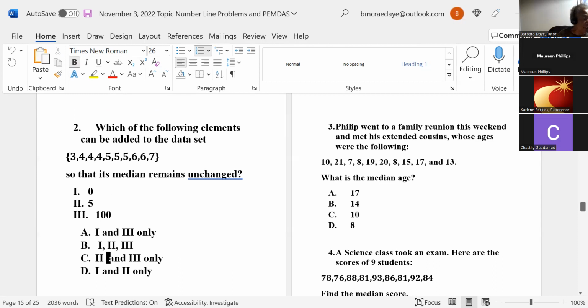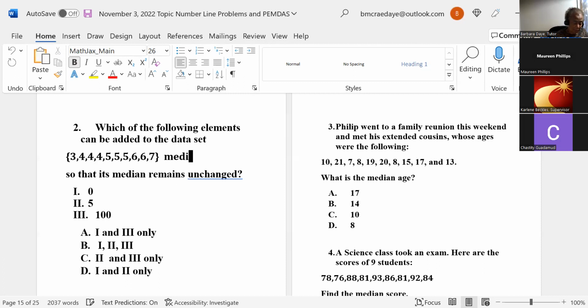You have 5, 6, 7, 8, 9, 10, so 2 numbers are in the middle, 5 and 5. 5 and 5 is 10 divided by 2, is 5. So the median here is 5.